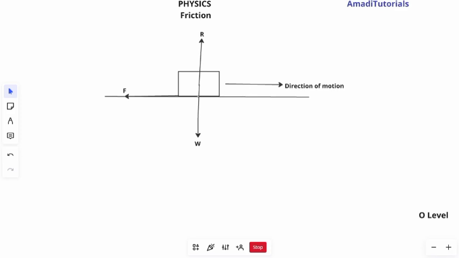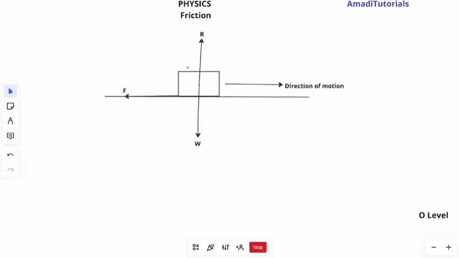So friction force will act in the opposite direction. That's why this F here is acting in the opposite direction to where the force is being applied, or to the motion. So that is how friction force acts. It usually acts in the opposite direction to where the actual force or actual motion is taking place. So that's how the labeling came in.